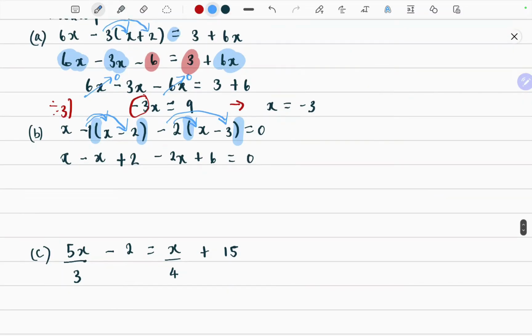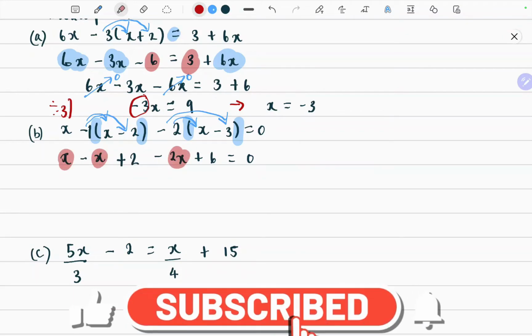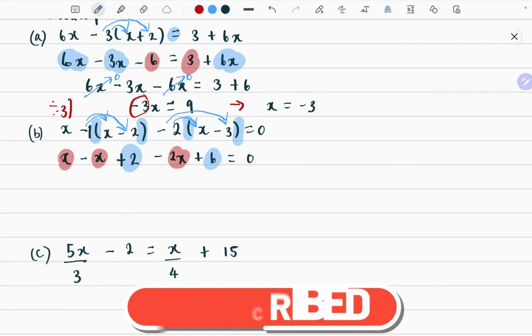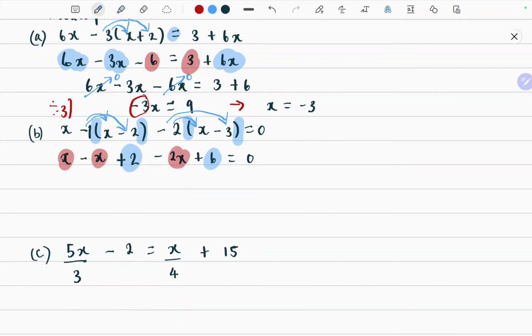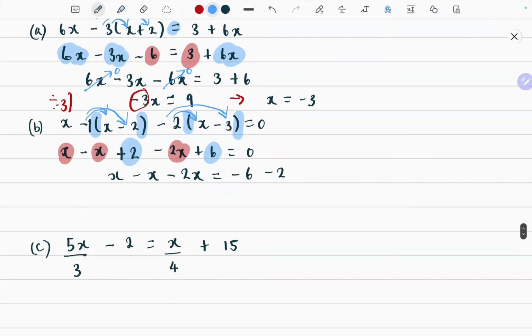So now we can group like terms. By inspection, these are like terms, and the constants are like terms. Like we did in the first example, have all the terms containing variables on the left-hand side and all the constants on the right-hand side. Then we can see by inspection that x and x cancel out.